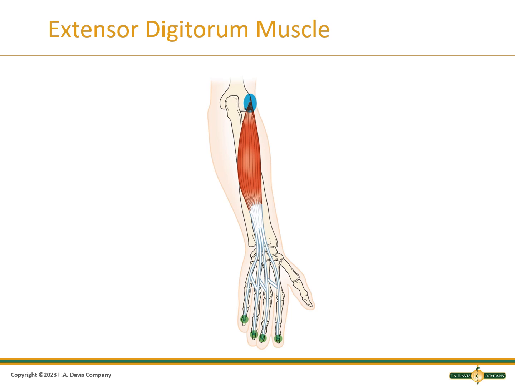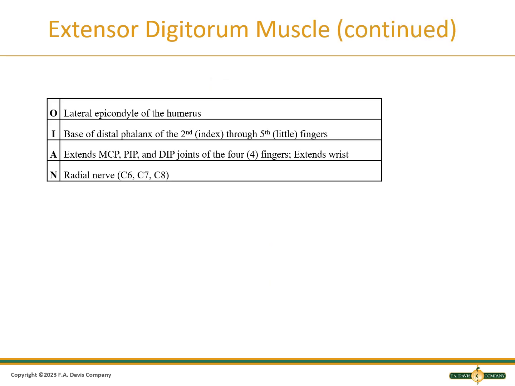Extensor digitorum, so we've got extensor, extension. Digitorum is digits, so we've got finger extension. Extensor digitorum originates on the lateral epicondyle of the humerus to insert on the base of the distal phalanx of the second through fifth fingers. So that's going to be our index, middle, ring, and pinky fingers.